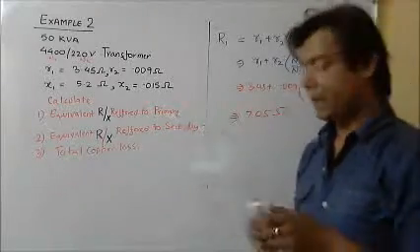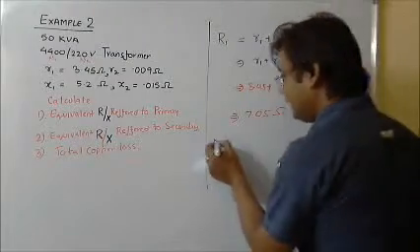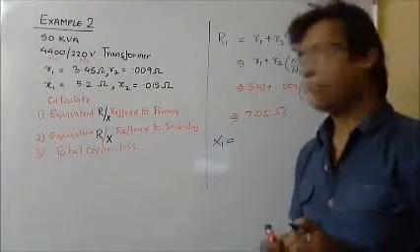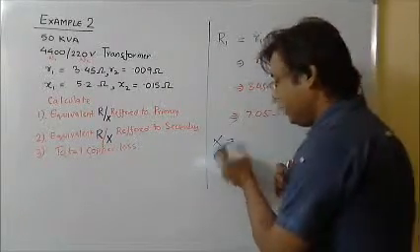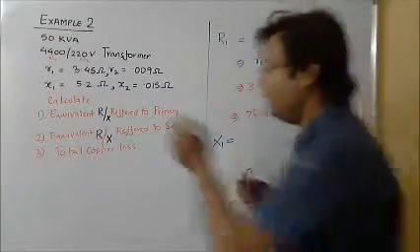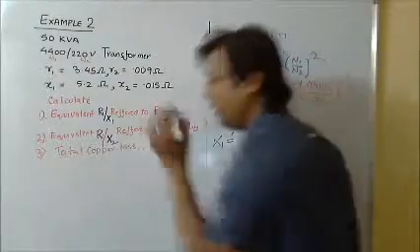In this way, I will be able to find the reactance, that is X1. X1 means reactance referred to the primary. If I write X2 here, it will be reactance referred to the secondary side. So I will be writing R1, X1 here, R2, X2 here.